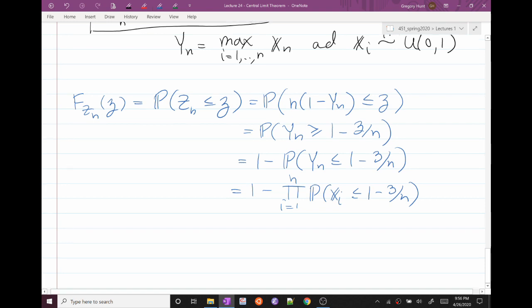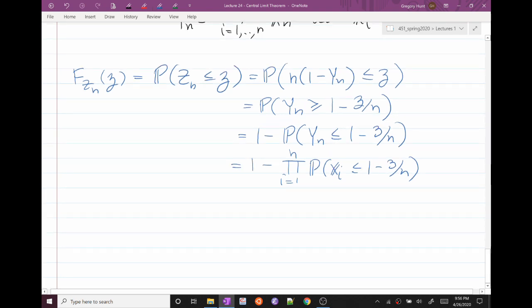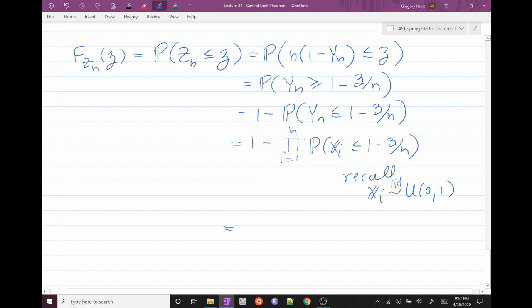And we can calculate what that value is. These x sub i are IID uniform 0, 1, so if I look at the CDF of my x sub i, which is effectively what we want to calculate here, this is 1 minus, and then we're going to get a couple of different cases.